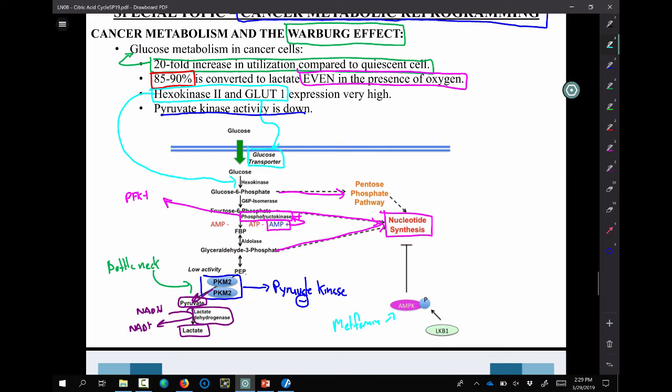So metformin is considered by some, and again there's conflicting data on this, so we don't have the full-on answer, to be a potential anti-cancer therapeutic with fairly small side effects, relative to some chemotherapies. But it can activate AMP kinase, and AMP kinase then inhibits this. We haven't talked about the mechanisms by which AMP kinase does that, but it certainly will inhibit this.